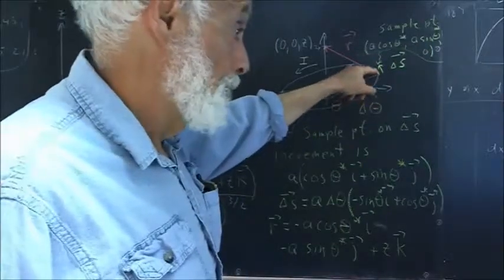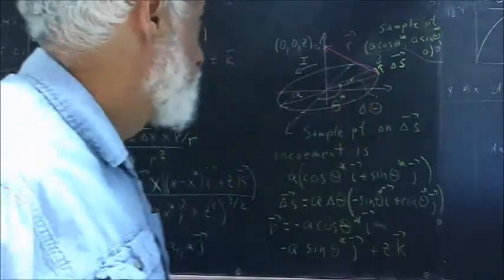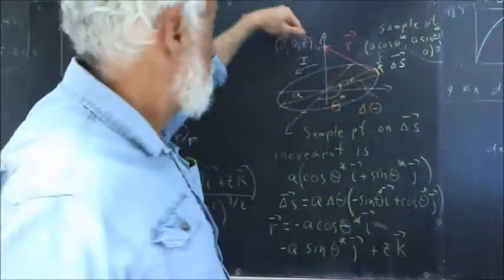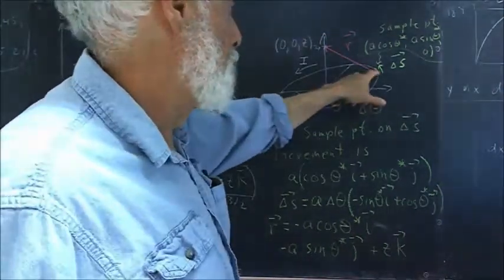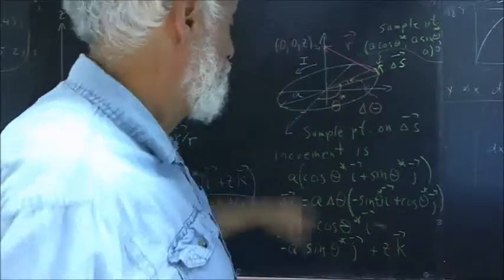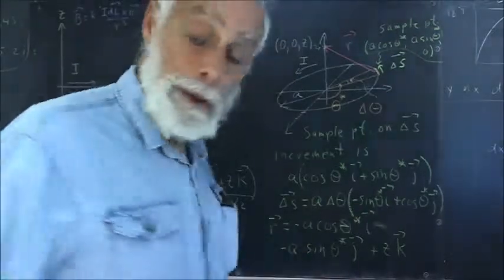Okay, from this point, which is our sample point on the increment, to the point 0, 0, z, we simply subtract these coordinates from these coordinates, and this is what we get.